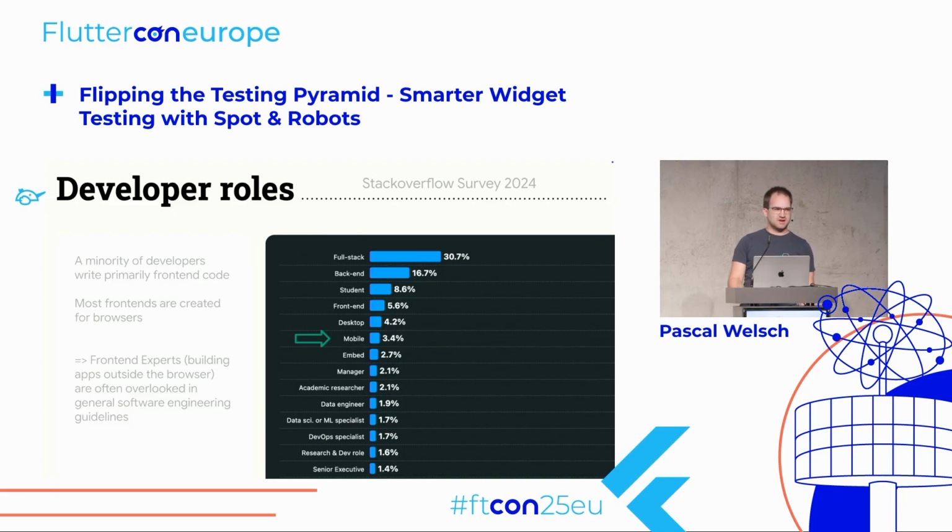That's not true. We are the minority because we write front-end code, we are the minority because we don't write for the browsers. So we often get overlooked, and the things that work great for us are maybe not covered by general software engineering guidelines, like the testing pyramid.